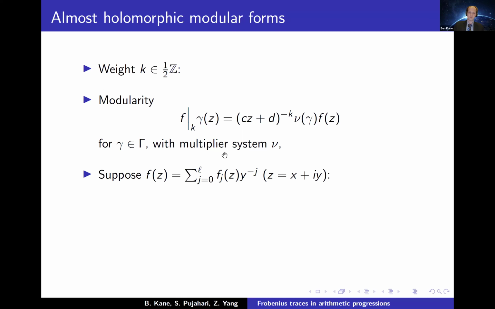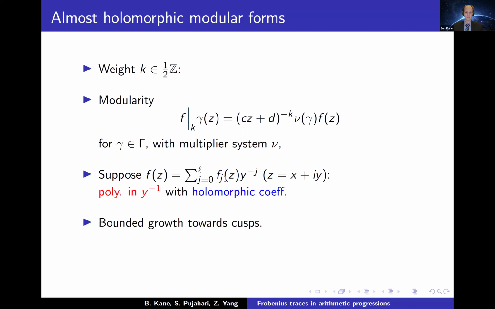So these almost holomorphic modular forms, as I alluded to, are sort of a series in powers of the imaginary part to some negative power times some functions f sub j, where the f sub j are actually holomorphic. And these are also bounded towards the cusps, usually by assumption.